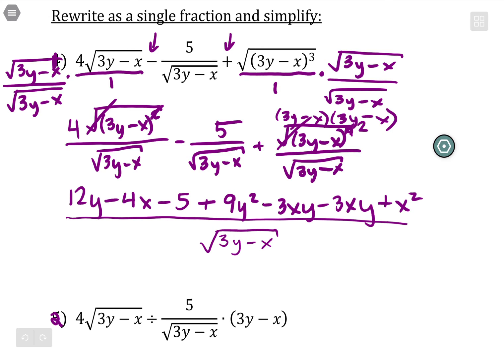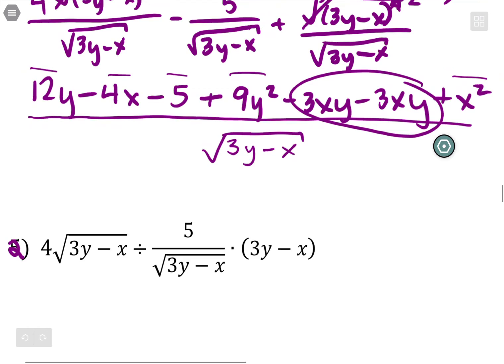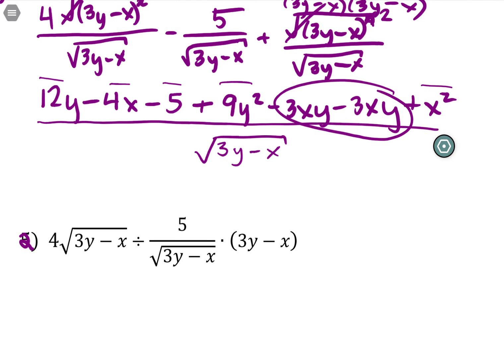Okay, so let's just see if we can do any combining. It actually looks terrible, like we can't. These two combine. I have y squared, I have x squared. Those are not like terms to anything else. Y's, x's, and a constant. So I don't think I can do anything except that one little bit. So I'm going to say, I don't know if there's really a good order, but I'm going to do my descending order.